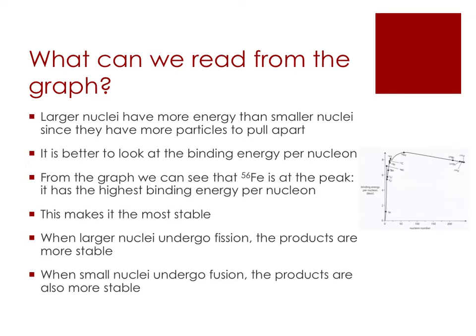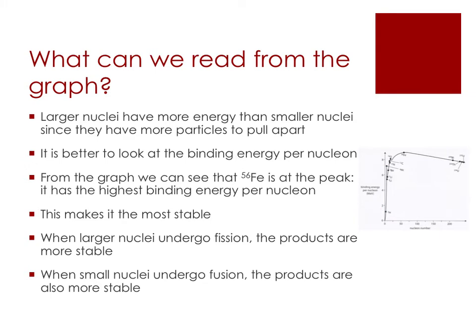But if we look at this binding energy per nucleon, you're going to see that those larger nuclei actually have less binding energy per nucleon than something like iron 56. Remember, I said that is our peak there. So all of these past there have a reducing amount of binding energy. Likewise, because it's the peak on the left side, all of these have a smaller binding energy per nucleon.